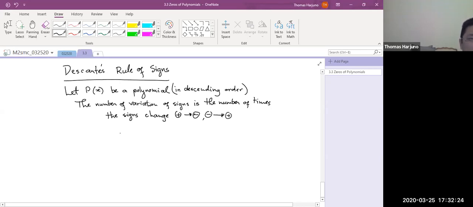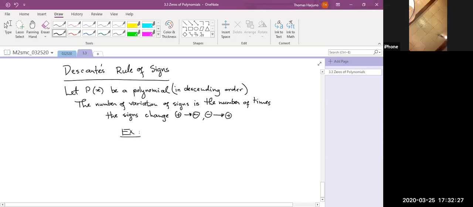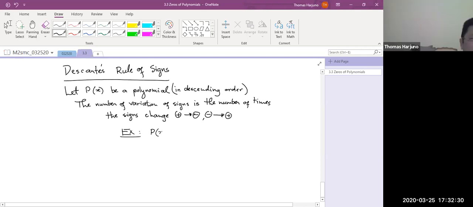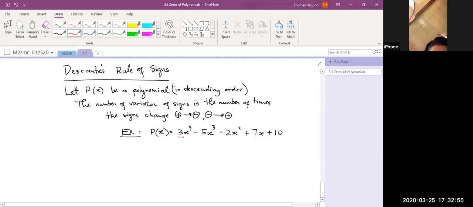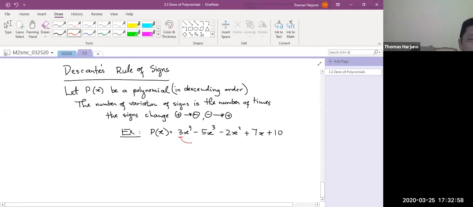Let's explain this a little bit. For example, if I have P(x) equals 3x to the 4 minus 5x cubed minus 2x squared plus 7x plus 10, then the number of times the sign changes, which we call the variation of signs, is the number of times that the coefficient changes sign from positive to negative or negative to positive.